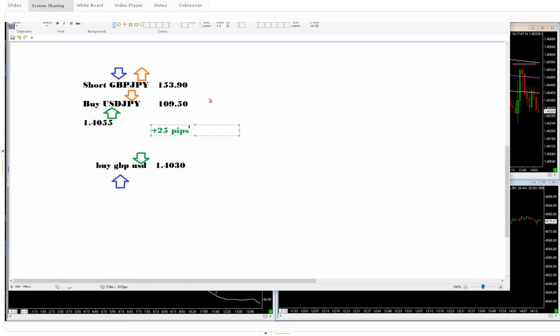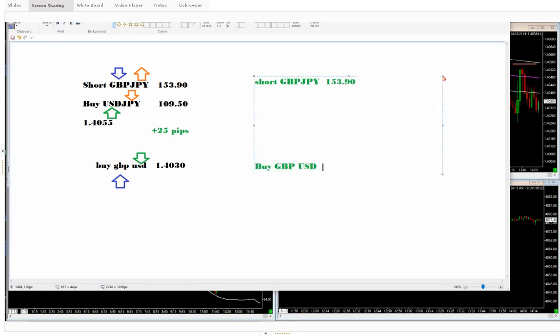Now, if I don't buy the dollar yen position, what am I actually in? Let's think about what I'm actually in. I'm short the GBP JPY at 153.90. Yes? 153.90, short the pound yen. If I now go and just simply buy the pound dollar at 140.30, what is actually my position?